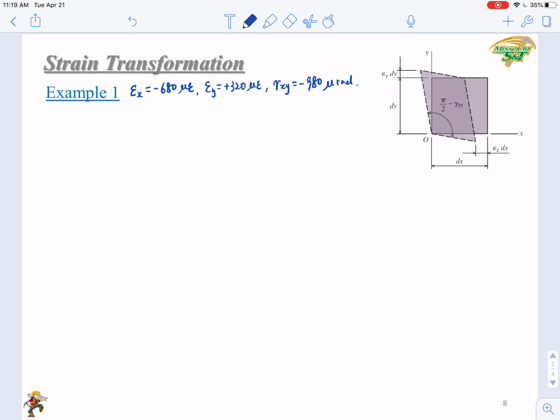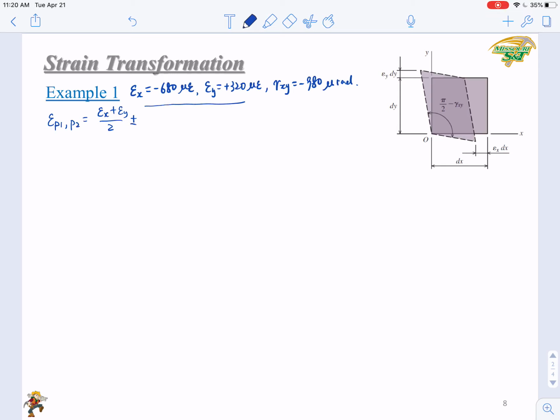We already have the equations, so we can directly use them to calculate the principal strains P1 and P2 in the same equation. We have the coordinate of the center in the Mohr strain circle, epsilon x plus epsilon y over 2, plus or minus the radius.